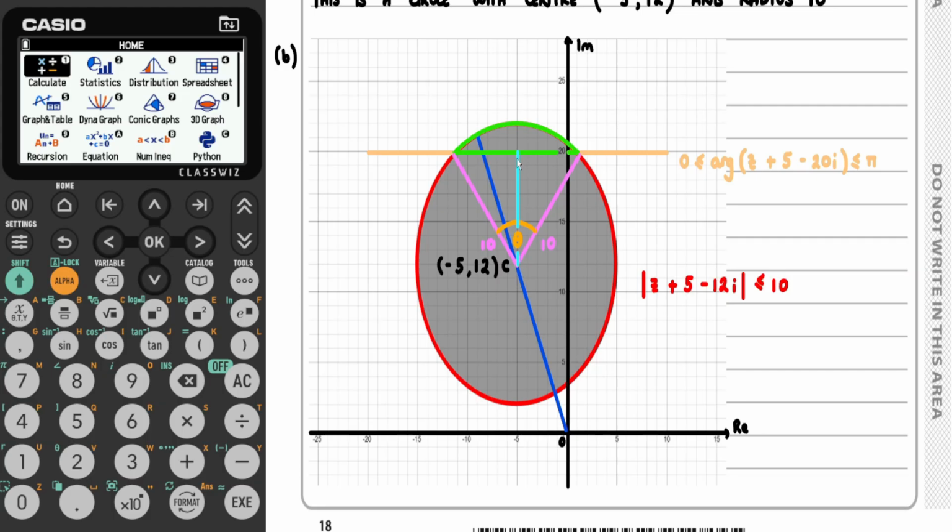And the length of this line here, well, we are going from 12 to 20, so that has a length of 8. So we can use trigonometry with this right angle triangle. We've got the hypotenuse, which is 10, and the adjacent, which is 8, and the angle will be theta over 2.